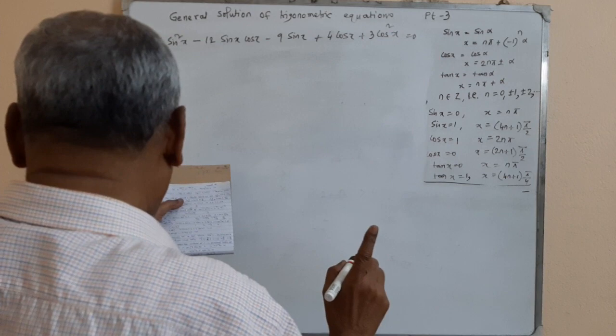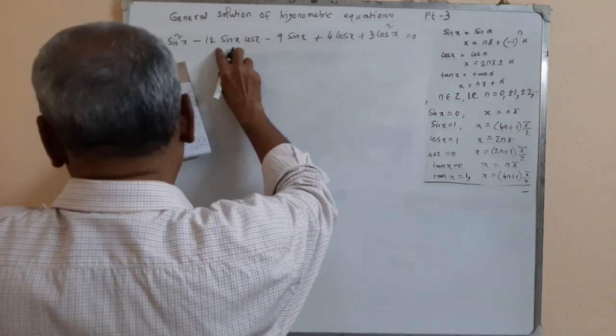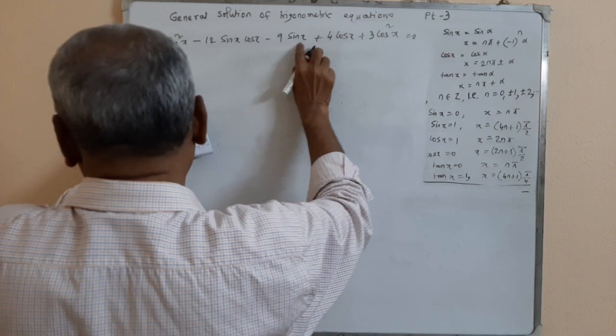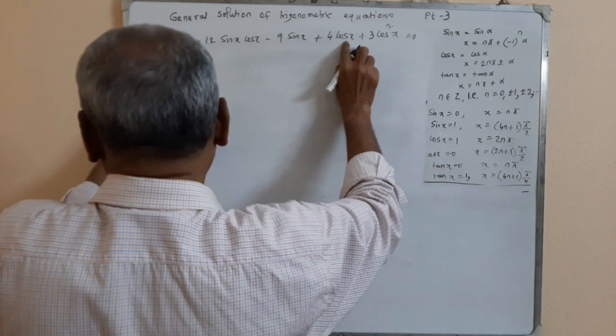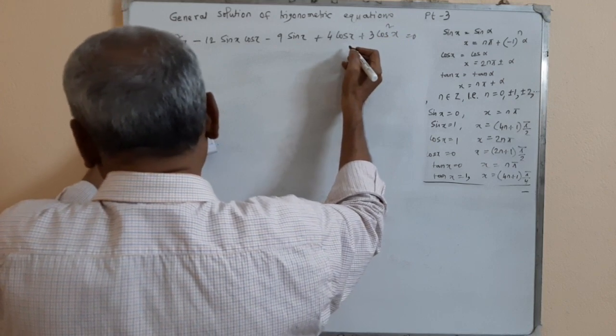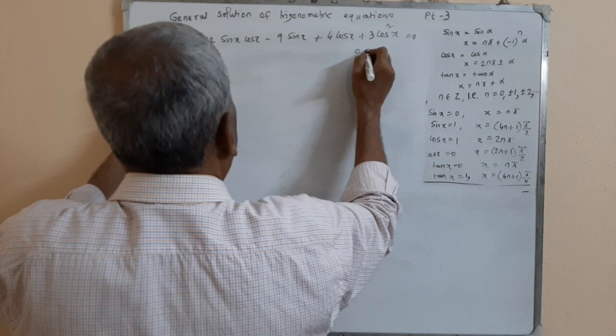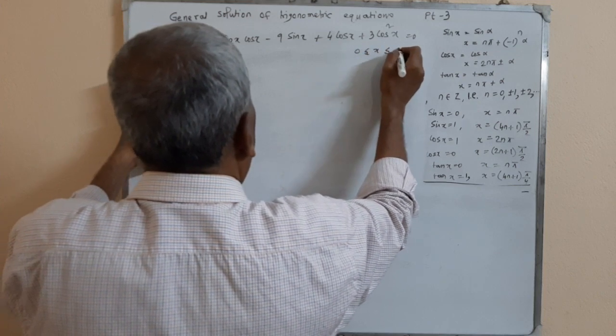Okay, minus 12 sin x cos x minus 9 sin x plus 4 cos x plus 3 cos square x is equal to 0, and the range of x is 0 to pi.